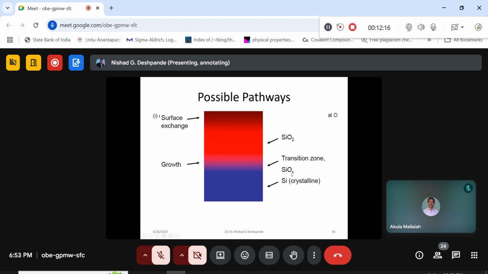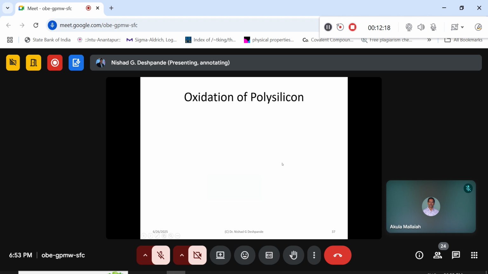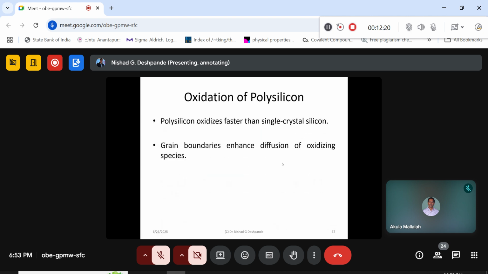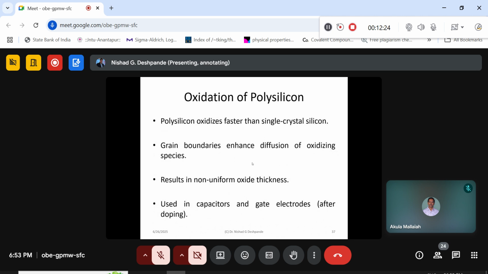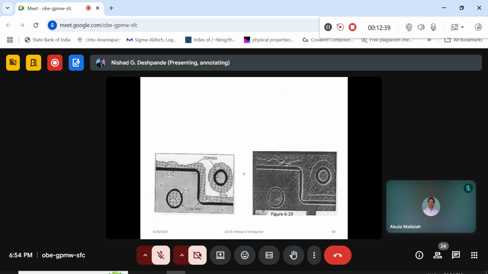Today we'll try to discuss this particular part in detail. What is this transition zone? We talked about polysilicon, and how it is important, because whenever you are trying to fabricate capacitors or gate electrodes, it's important that you either go for crystalline silicon, or else for polysilicon processes.